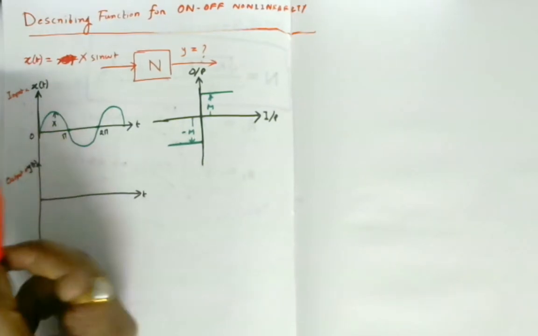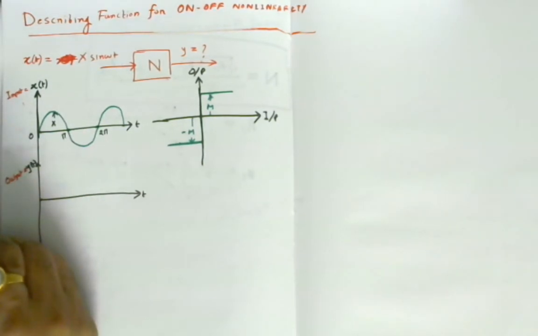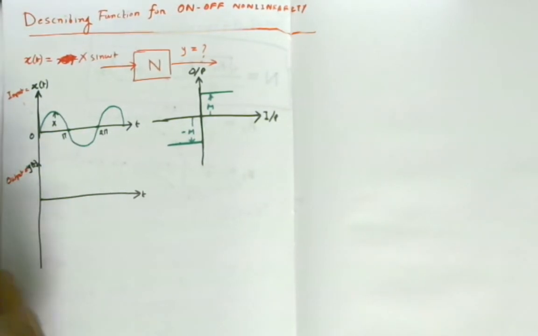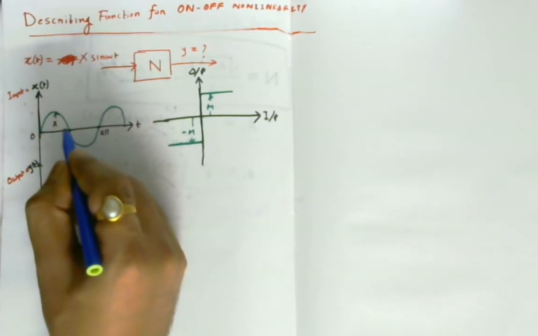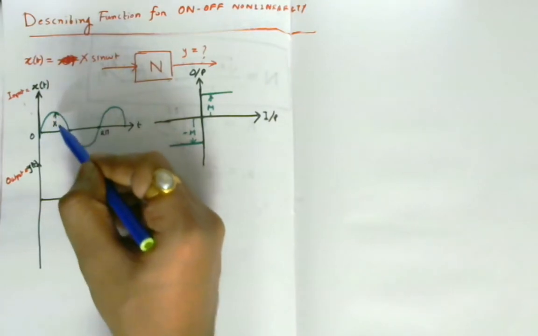So what are the projections? Now the projections are nothing but the zero crossing points of the input waveform. This is the sinusoidal input waveform.